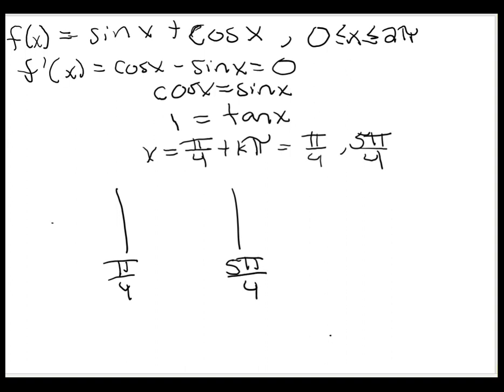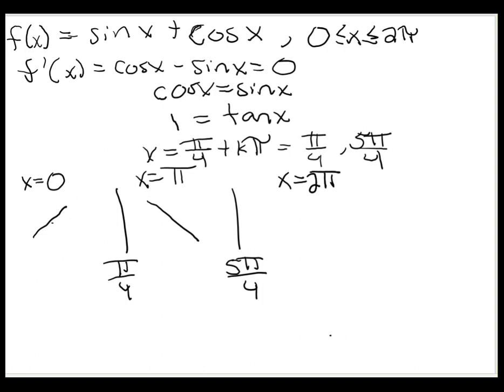Now we need to choose those test points. I'm going to choose 0, pi, and 2 pi. Nice easy numbers on the unit circle. And I'm just taking this 0, plugging it into the derivative. And so cosine of 0 is 1. Sine of 0 is 0. So I get 1, which is positive. Cosine of pi is -1. Sine of pi is 0. So we get negative.